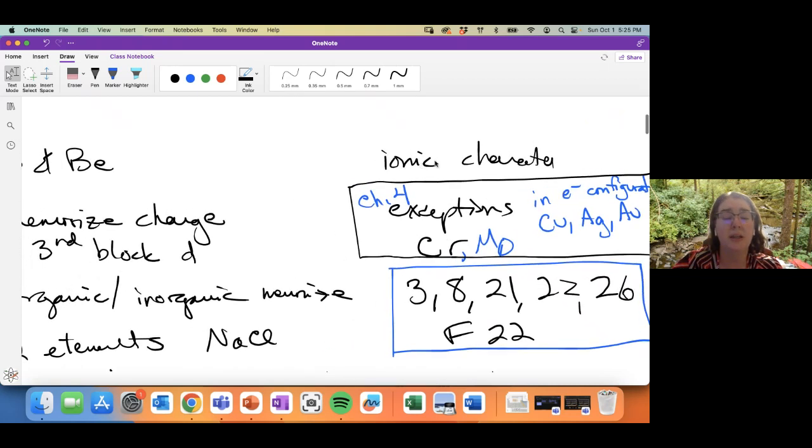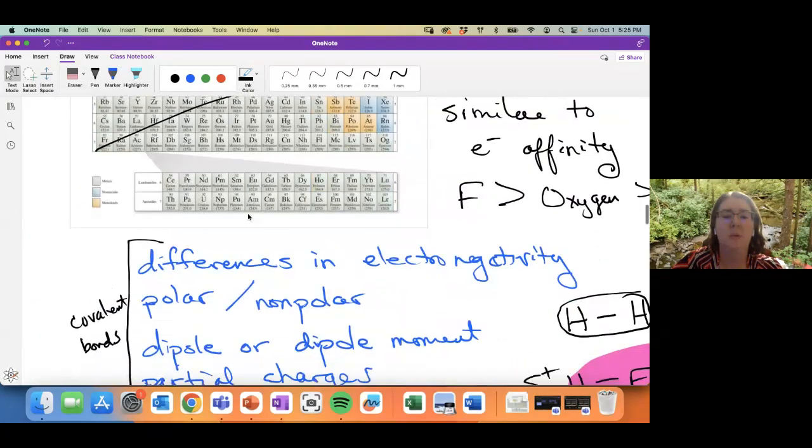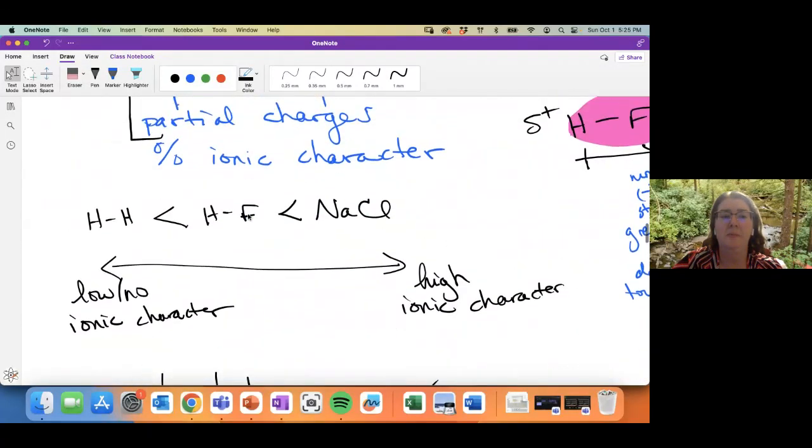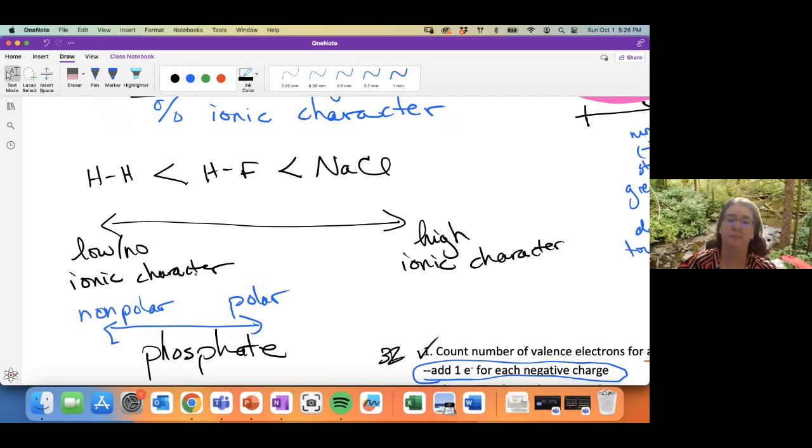Basically going backwards a little bit, ionic character. So ionic character really is trying to put more emphasis on the idea of polarity, but ionic character really just lets us put an ionic bond on the scale. So whereas a lot of times when we think about polarity, we often basically have nonpolar to polar, and that's my scale from nonpolar to polar, and things can be more polar or less polar than each other.